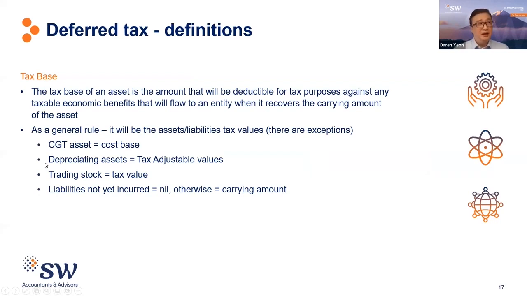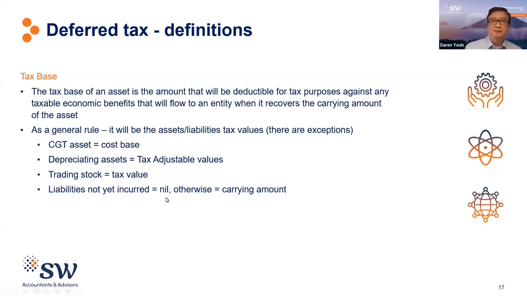If you have a depreciating asset, your plant and equipment like your computers and your furniture, the tax base should equal the tax written down value of those assets. For trading stock, it will be the tax value for tax purposes. Broadly, it will be the tax cost of your inventories.